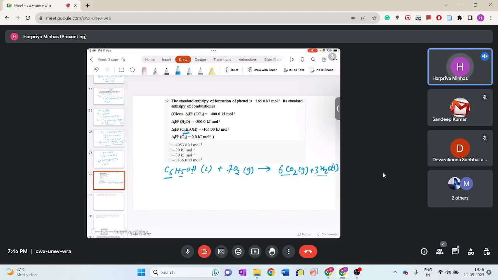So now we have to find the enthalpy of combustion. That is delta. Sorry, this is not the correct notation. So yeah, this combustion, right? CO2, and then adding your water, this formation of your water. How many moles are there? 3 moles.